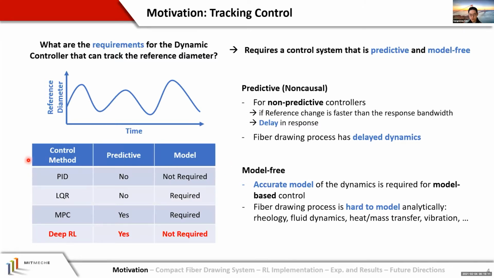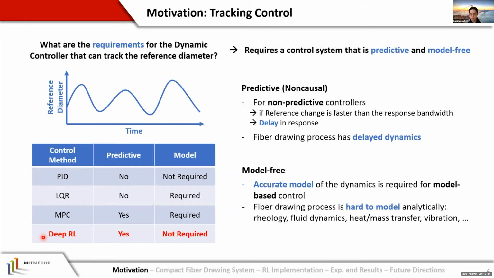So based on these requirements, let's evaluate some of the conventional control methods. First of all, the PID feedback does not require a model. However, it is not predictive. The LQR is not predictive and also it requires a model. And the MPC is predictive, however, it requires a model.